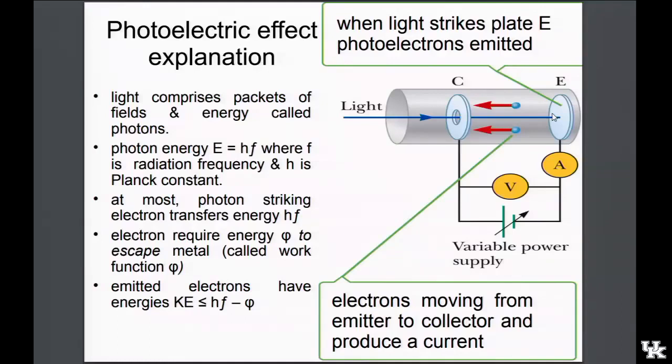So the explanation of the photoelectric effect, Einstein's explanation, is not only that electromagnetic energy in electromagnetic radiation comes in packets, but that the light itself, the electromagnetic radiation, comes in packets or quanta, which are particles we call photons.